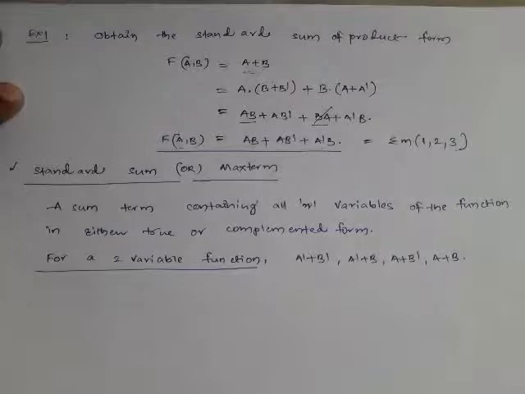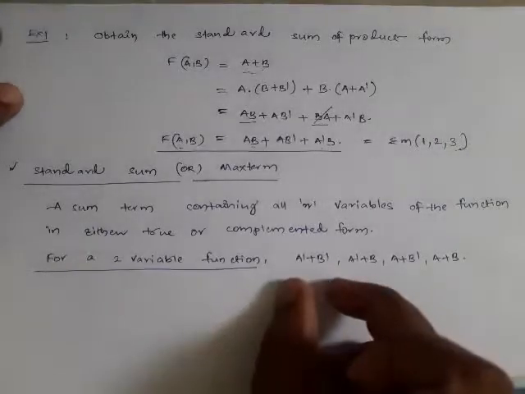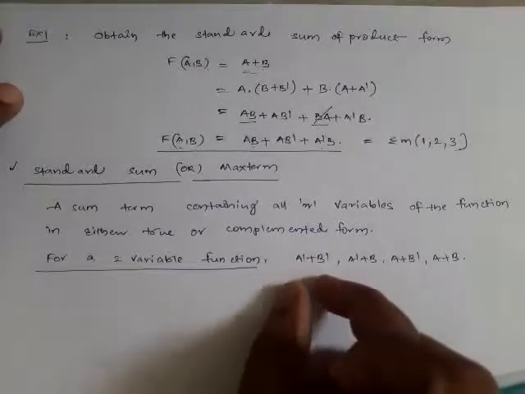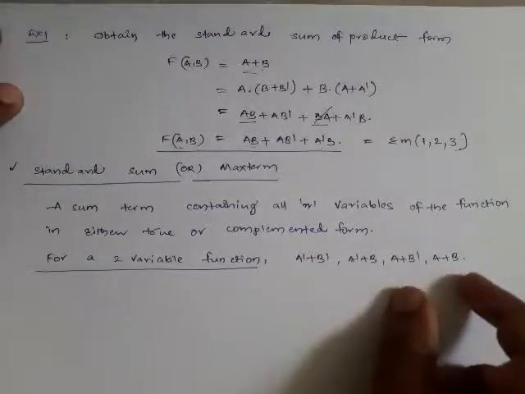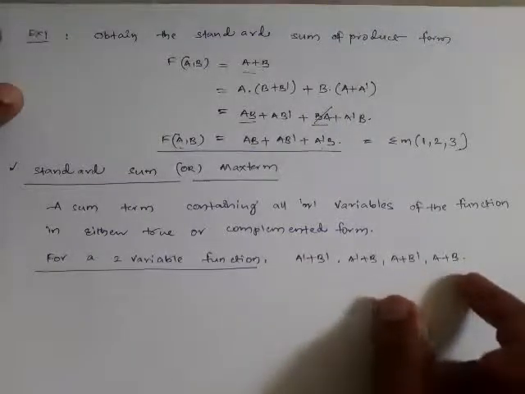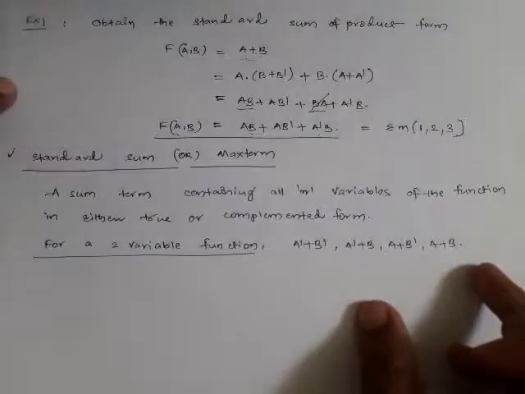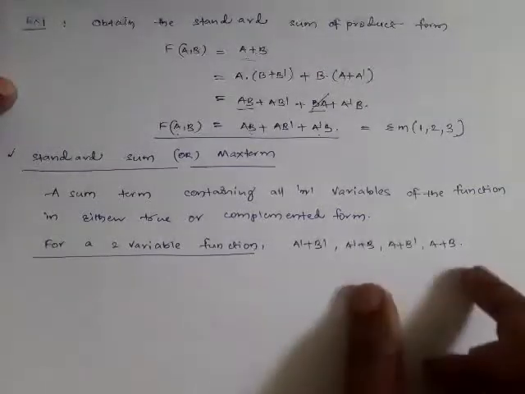So these are the 4 different max terms that are possible for a 2 variable function. Here these are the sum terms which contain all the variables. Since we assume that the function depends only on 2 variables, all 4 sum terms contain only 2 variables. These are all the possible combinations of the 2 variables on which the function depends. So for a 2 variable function we get 4 max terms, 2 to the power 2.